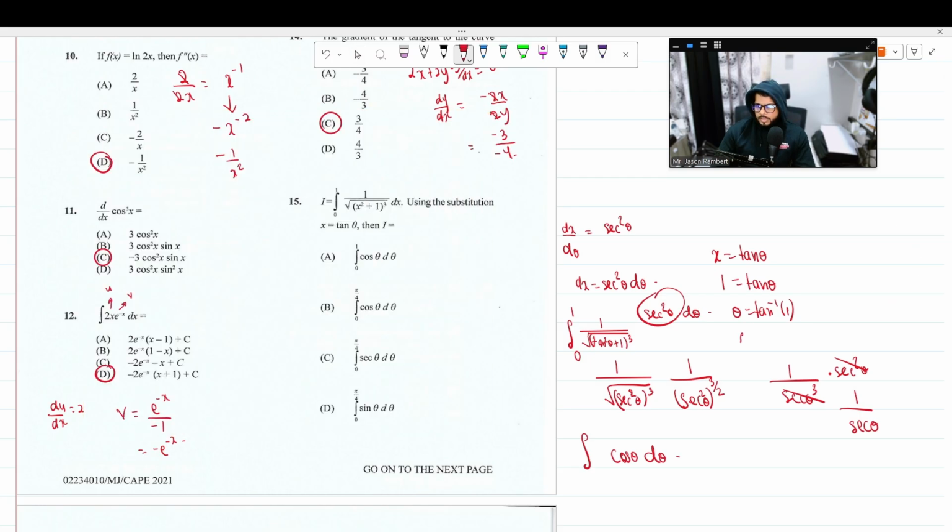Then when x is 0, theta will be 0. So pi on 4 and 0 are my bounds, cos theta d theta. So B is the answer. Hopefully number 15 is a repeat question. Cool?